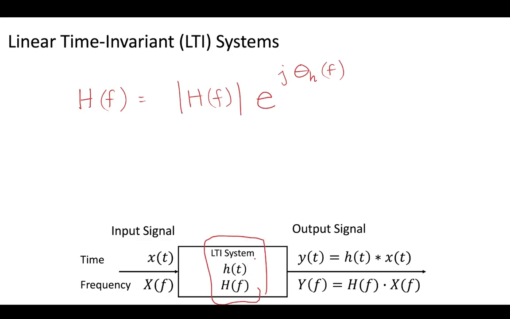We can write a transfer function in this polar form, where we have a magnitude and an angle. So we have this absolute value of H of f, and this angle. Both of these are in the frequency domain.